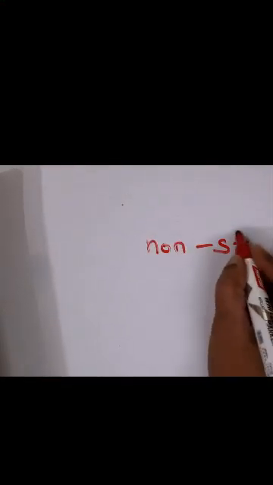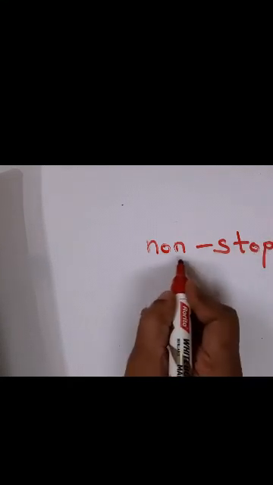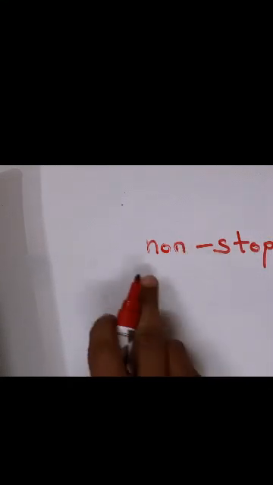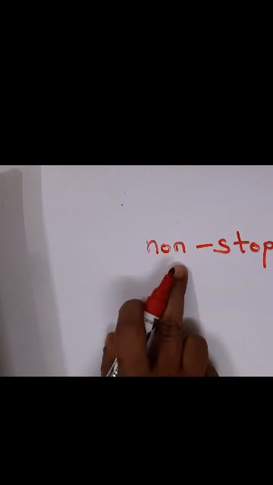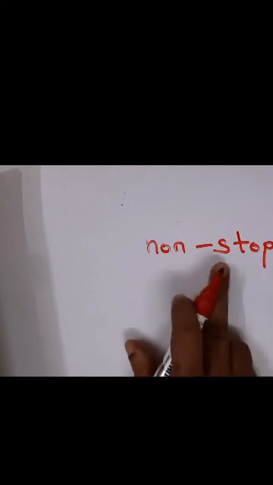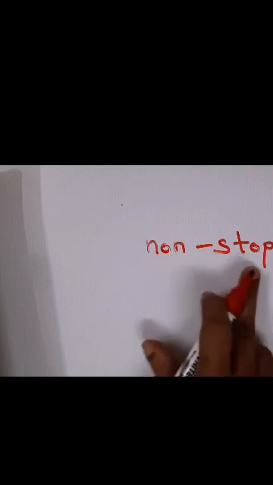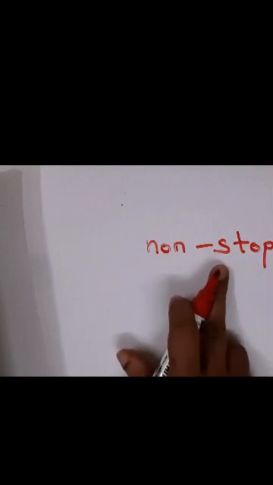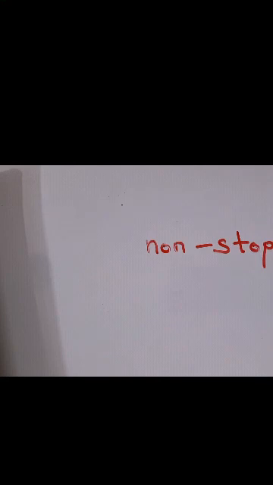Non-stop. Very good, non. Now look here, your prefix is ending with the letter N. N is not a vowel. Similarly, your root word begins with S, and S is not a vowel. So there are exceptions also.